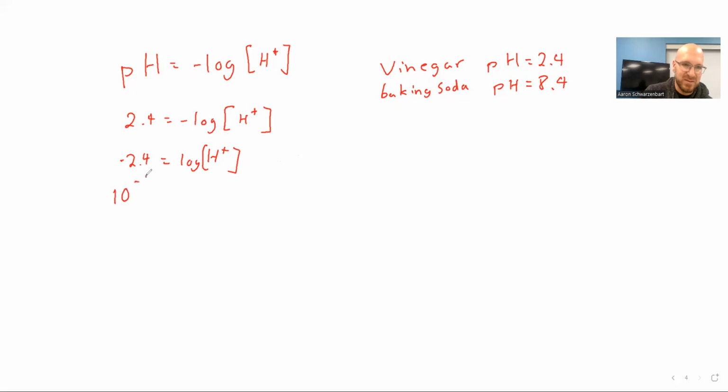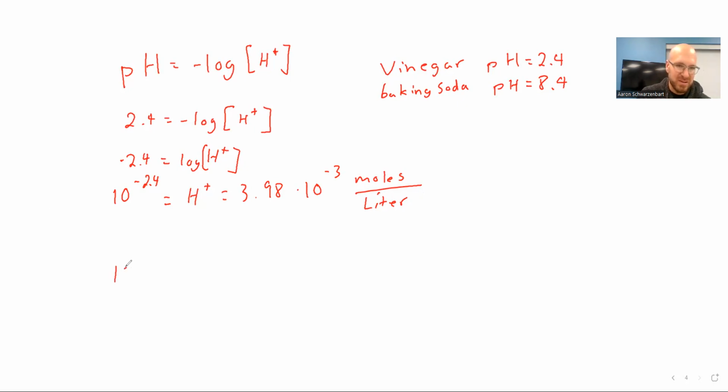That's 10 to the negative 2.4 equals H plus, which is equal to 3.98 times 10 to the negative third. The unit on H plus is moles per liter. So this is vinegar.